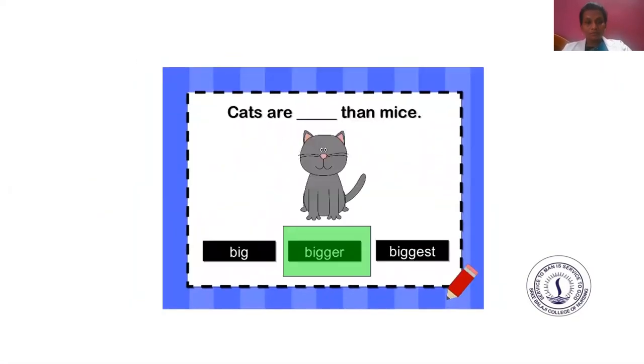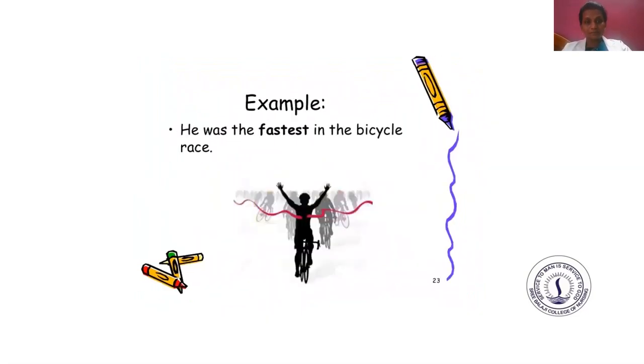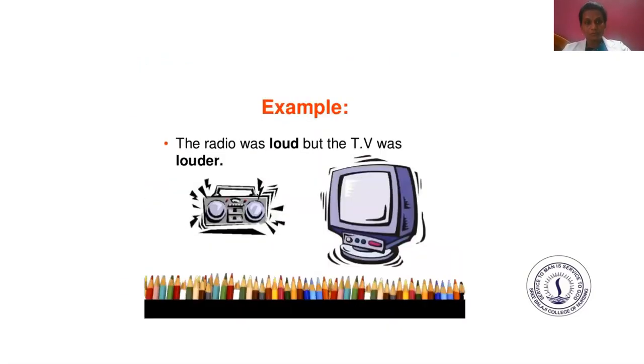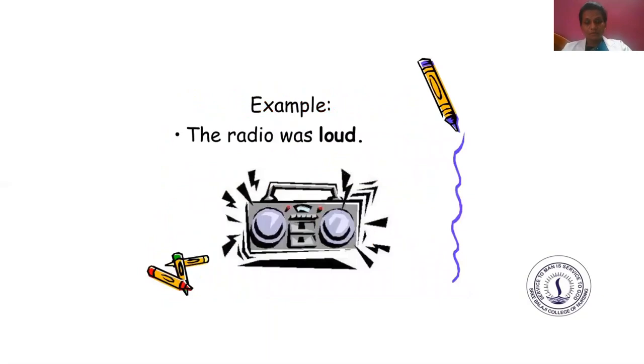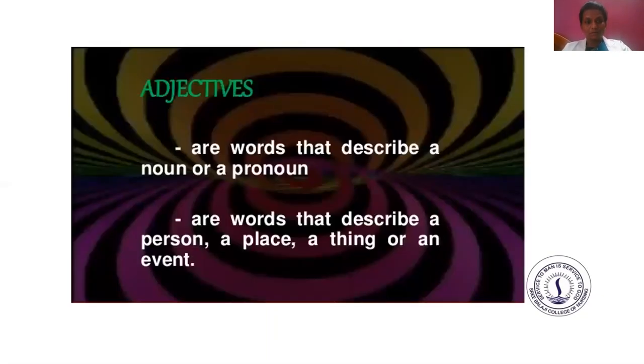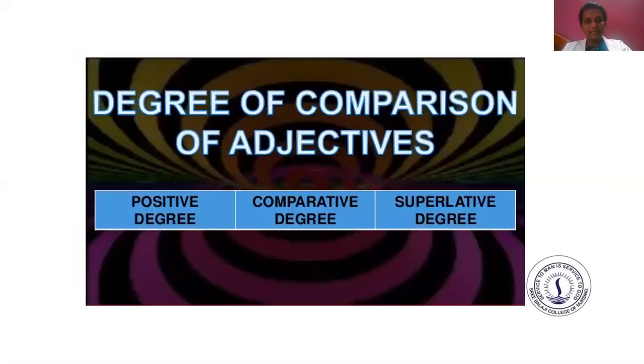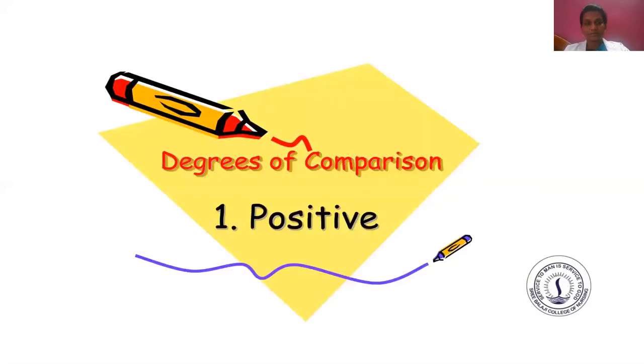And now I'll revise what we have seen in this class. I said there are 3 degrees of comparison: positive degree, comparative degree, and superlative. There are different rules to use for positive and comparative and superlative.